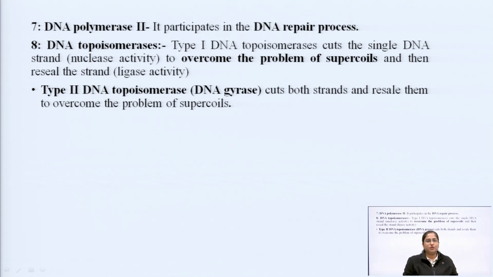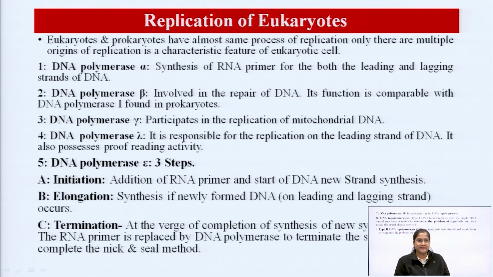To solve this problem, this unopened part will be opened at one place and the maximum supercoiling will be removed. So to overcome the problem of supercoiling, DNA topoisomerase is used, and DNA gyrase is an enzyme which cuts and reseals to overcome the problem of DNA supercoils.